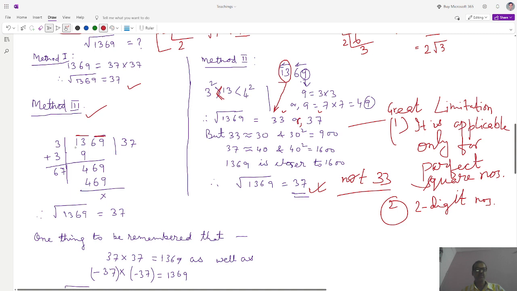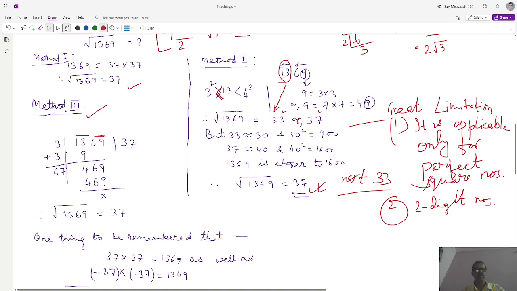So 3 square will fit under 13. So it will be written like that: here we have to put 3, and here we have to keep 3. Then 3 into 3, 9. If we subtract 9 from 13, then we will get 4. Now this pair to be written here, 6, 9.